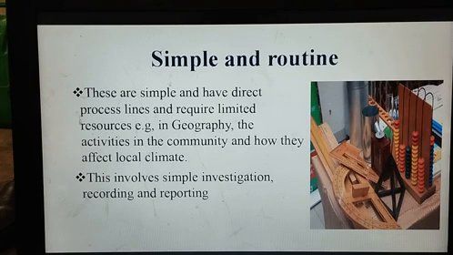If I conclude, these simple and routine projects will take a maximum of 3 to 4 weeks. Even 4 weeks would be very far. Maximum they will take 3 weeks. Keeping in mind, we said our project work must take between 2 to 6 weeks.